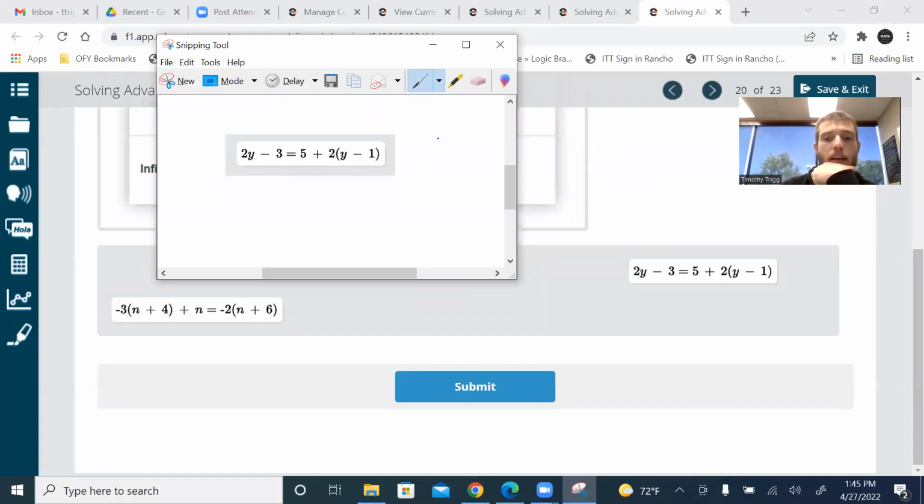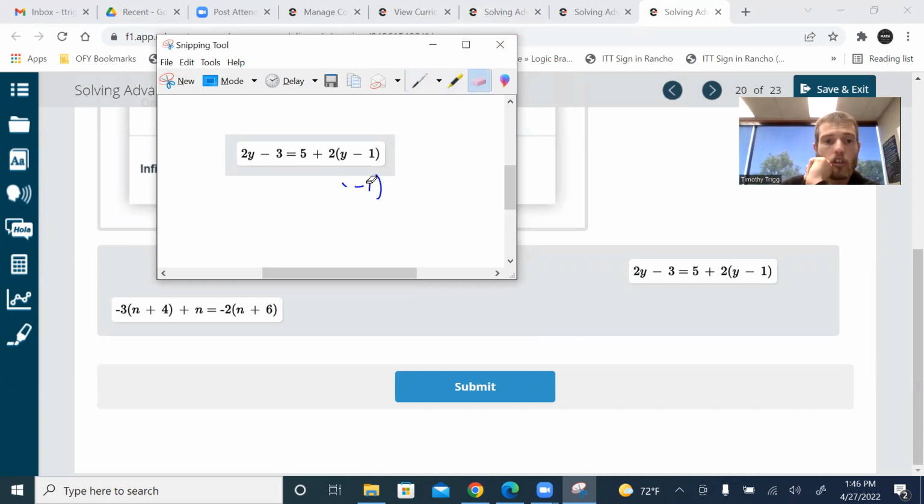Okay, this one's got a little bit of nuance that I want to explain here before we get started. Notice on the right side of this equation, this says 5 plus 2 and then parentheses y minus 1. So I want you to think about this question. Should I add first? Should I do 5 plus 2 and then say, oh, that's 7, and then multiply by y minus 1?